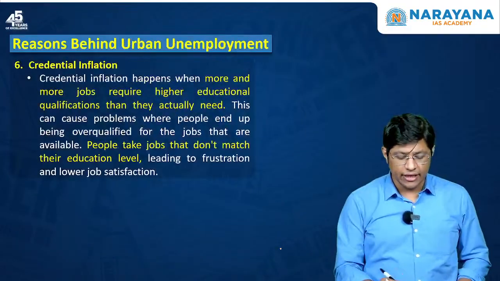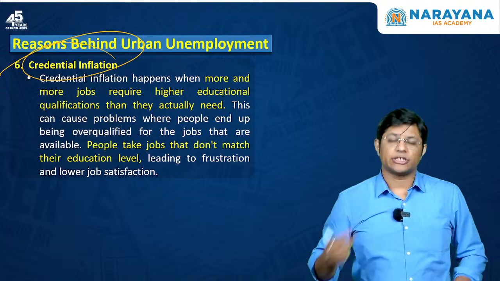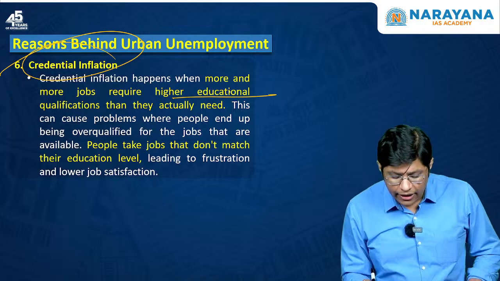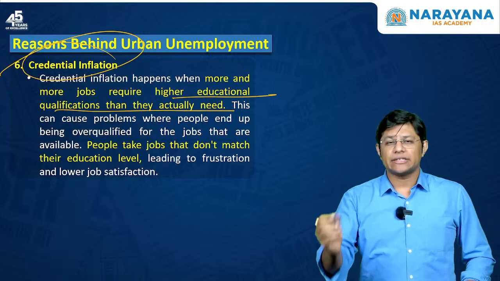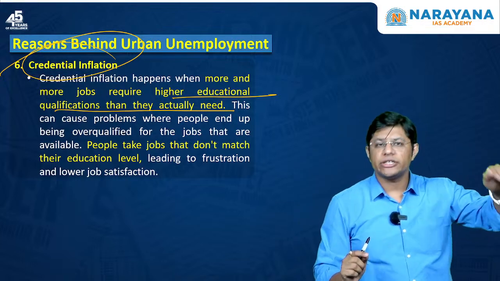The sixth is credential inflation. What is credential inflation? It means more and more jobs require higher educational qualification than they actually need. For example, to be a software engineer, you need a BE degree in computer engineering.